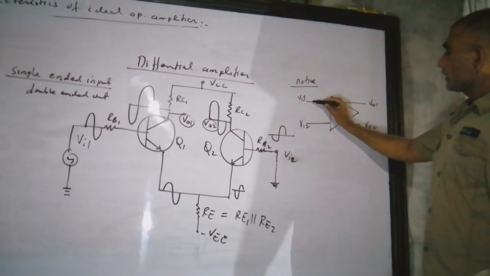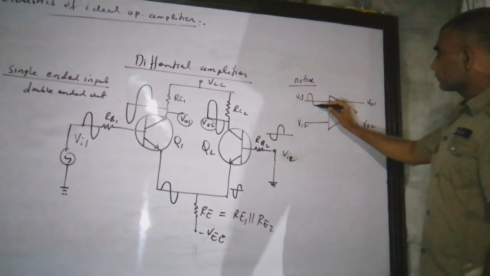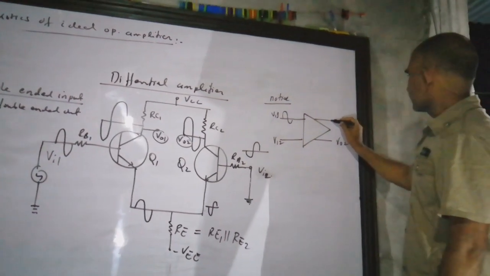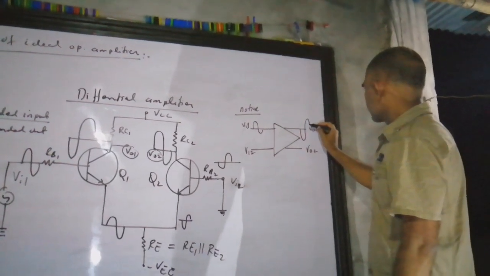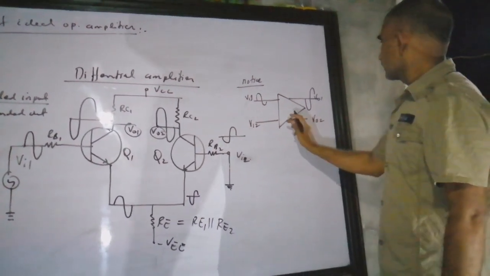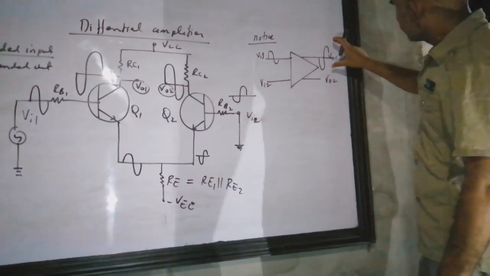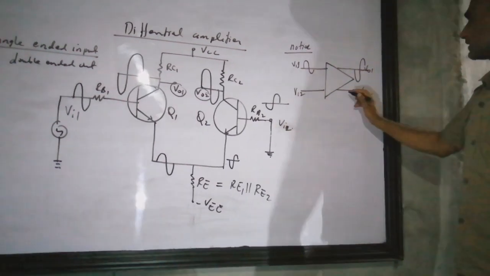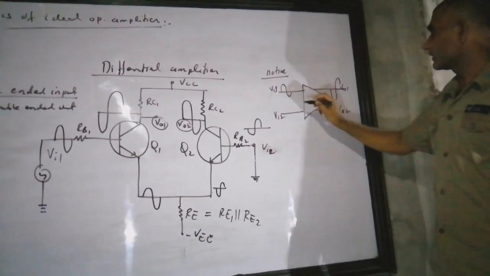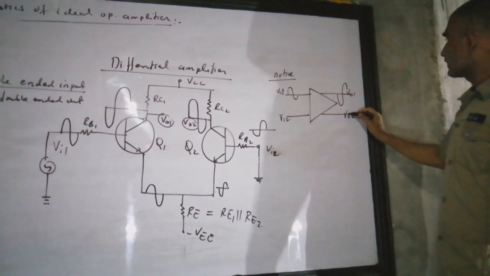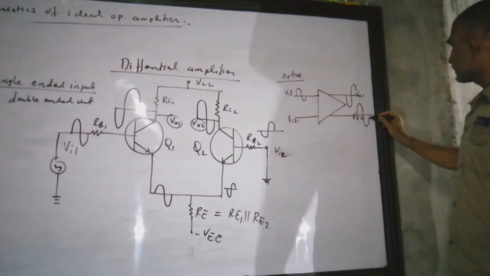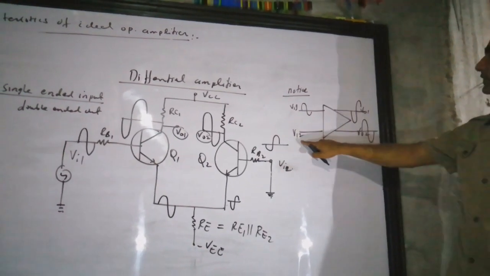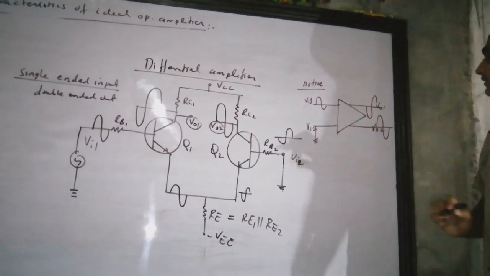Okay, so what I got: if I apply a signal over here, I get this signal amplified but out of phase here, and we are getting the same amplified signal at output V2, but this is in phase in comparison to this. So in this case, the signal is amplified but in the same phase with respect to Vin1, even though Vin2 is not applied; this is grounded.